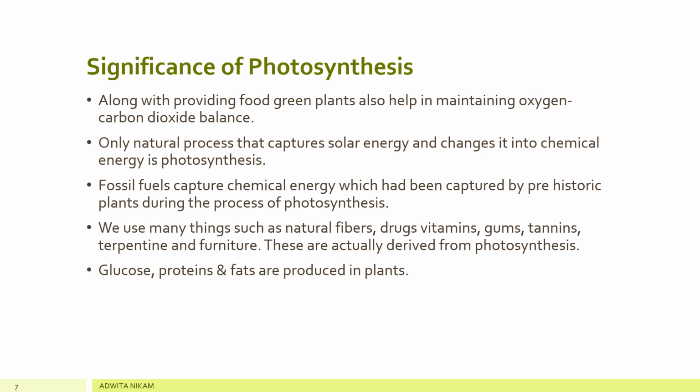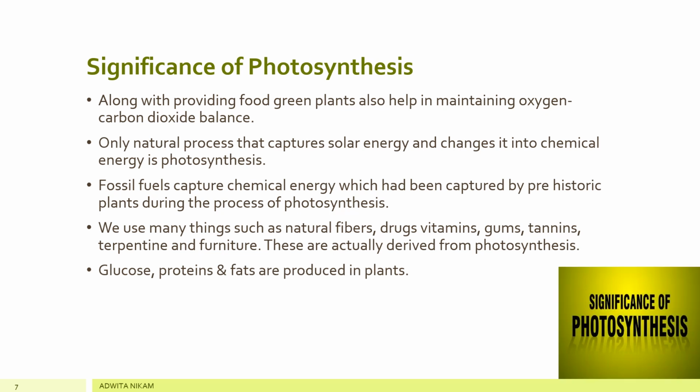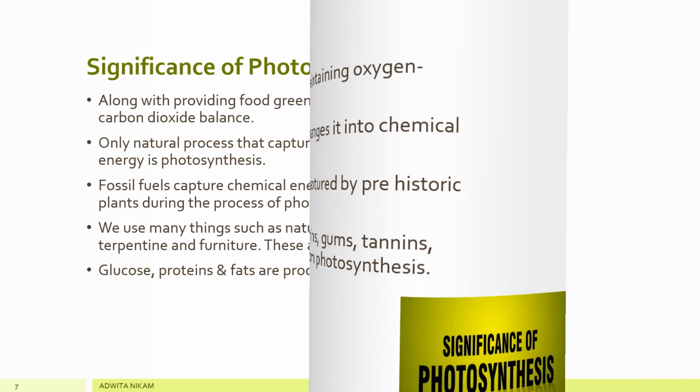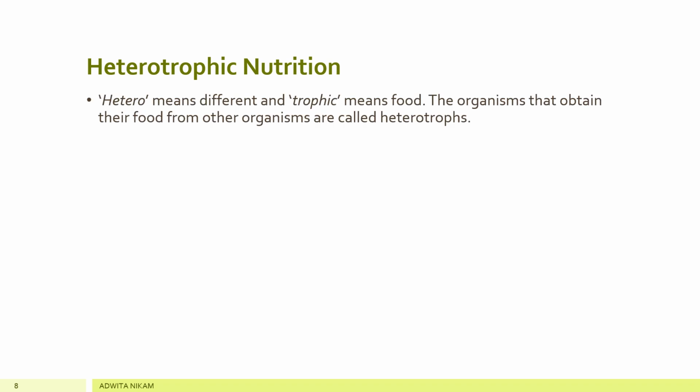Glucose, proteins, and fats are produced in plants, which are also made from photosynthesis. Now we'll study about the second mode of nutrition, which is heterotrophic nutrition. Hetero means different and trophic refers to food. The organisms that obtain their food from other organisms are called heterotrophs.